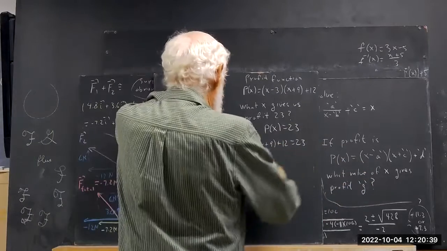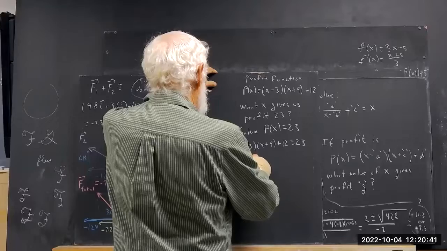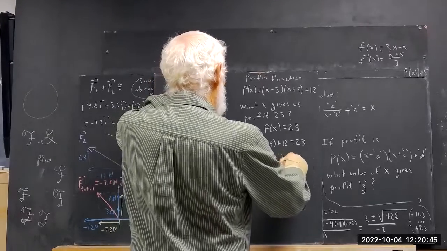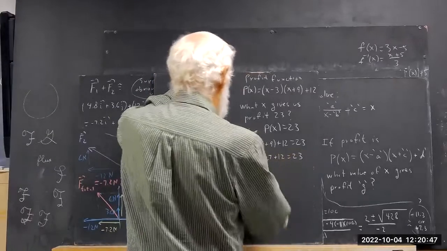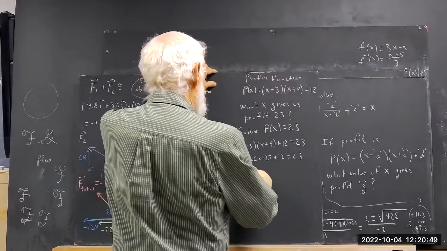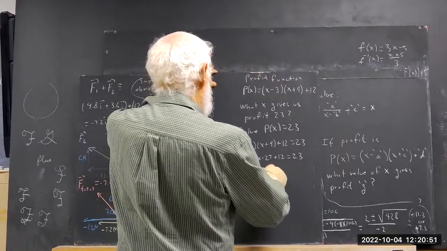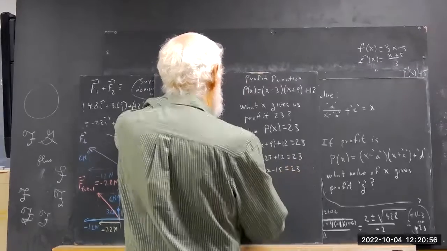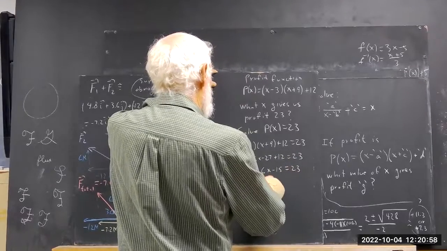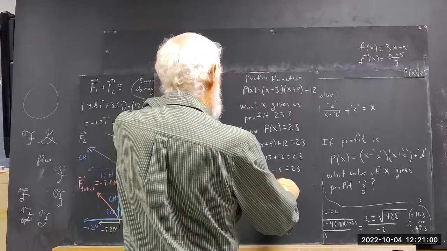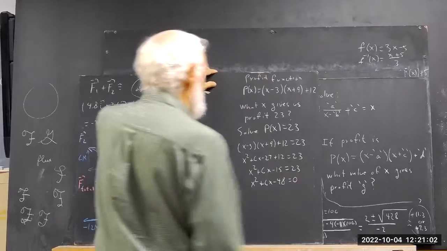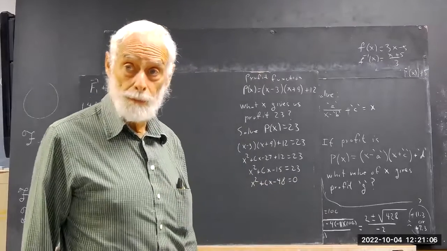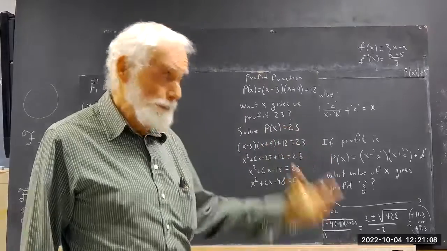This works. Then we get x squared plus 6x minus 27 plus 12 equals 23, which ultimately gives us x squared plus 6x minus 38 equals 0. That skips some steps. You need to fill in those steps.